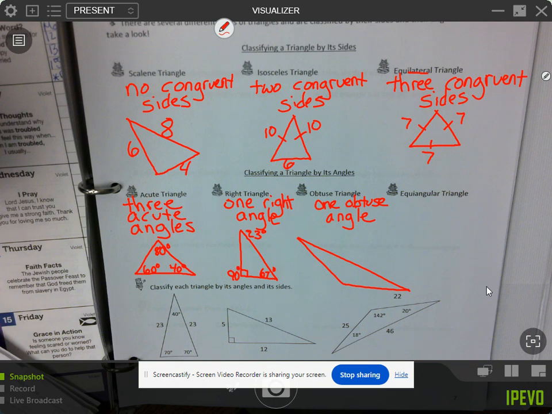So let's say this is 140 degrees. I know I have to make one angle bigger than 90 degrees. So let's pretend that's 140 degrees. And then let's say this one is 15 degrees. Because it's little, really little. What does my last angle have to be?